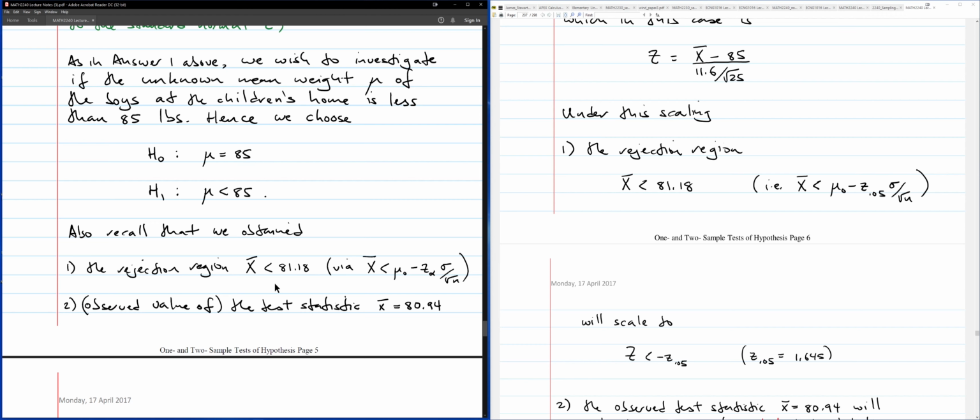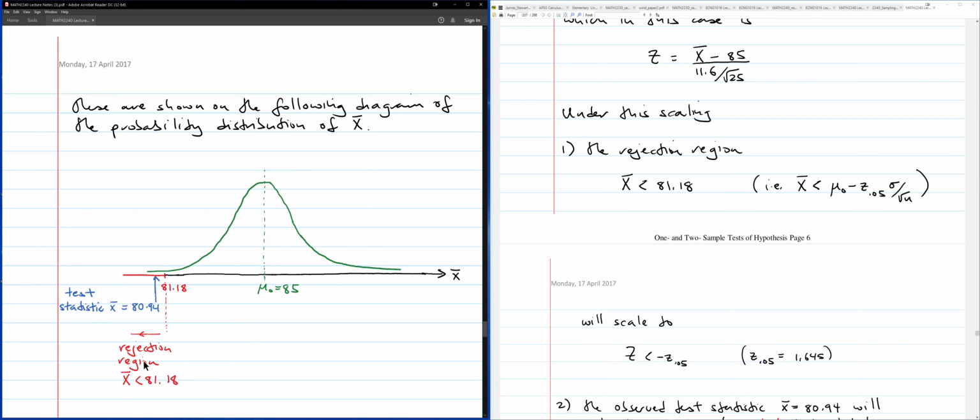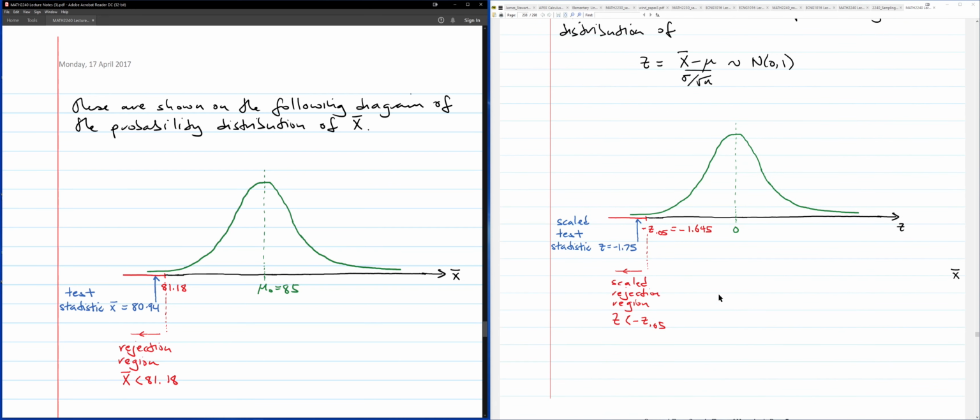Now, with the x bar, your rejection region was values less than 81.18. When you scale, this rejection region is going to scale also. This entire picture, which is in terms of the x bar, will scale to standard normal, like this over here.